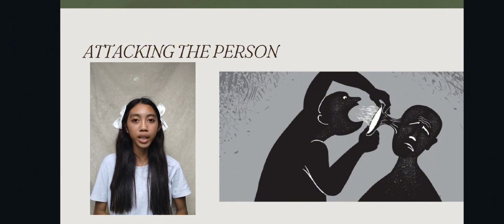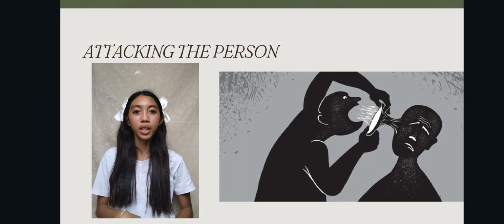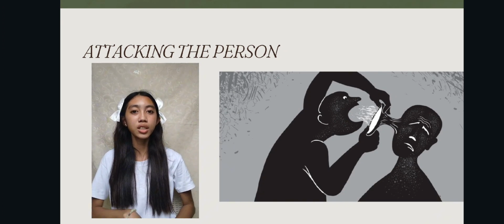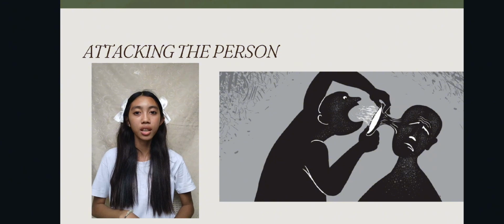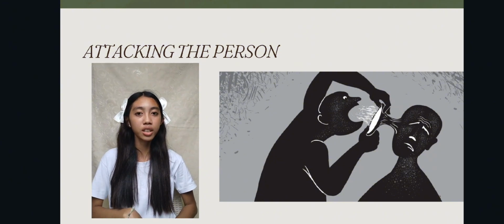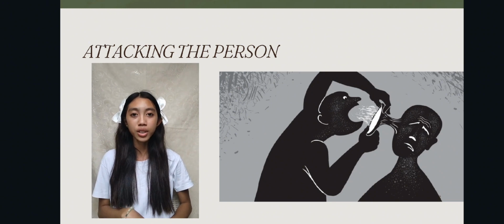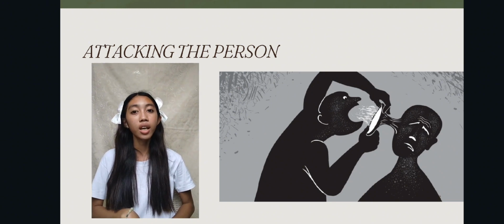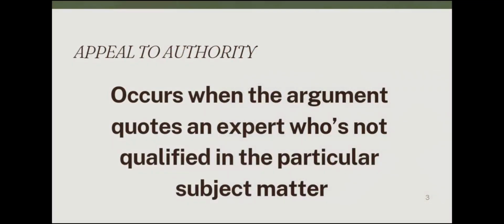Discrediting the person making the claim does not invalidate the actual argument they make. A valid argument should be evaluated based on its reasoning and evidence, independent of the person delivering it. Engaging in ad hominem attacks can divert attention from the actual issues at hand and hinder constructive and rational discourse.